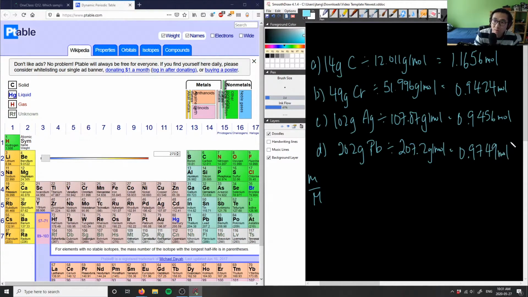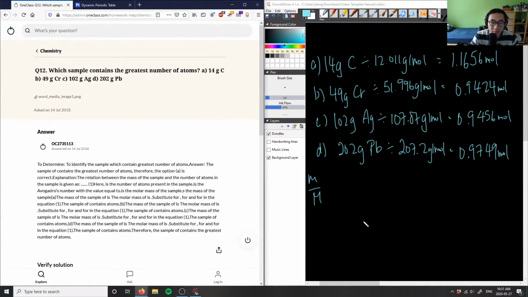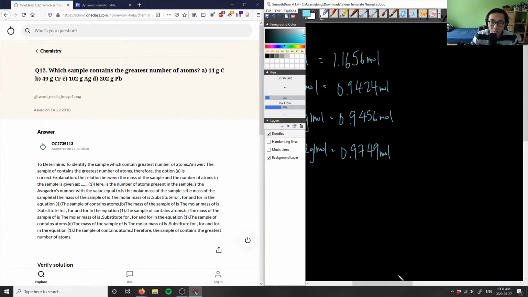So right off the bat, I can figure out which sample has the greatest amount of atoms, and it's going to be the carbon here, because it has the most moles. And why we know that is because we're going to multiply all of these by Avogadro's constant, 6.02 times 10 to the 23 atoms per mole.